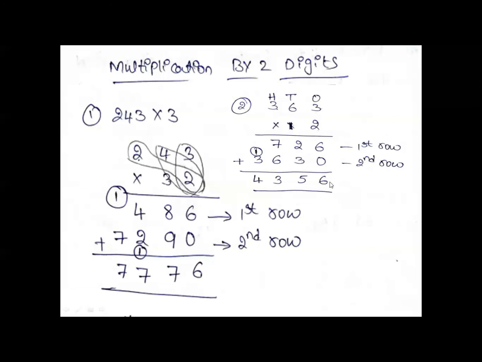We have to add the first row and the second row. 6 plus 0, how much? 6. 2 plus 3, how much? 5. 7 plus 6, 13. 1 carry, 3 plus 1, 4.